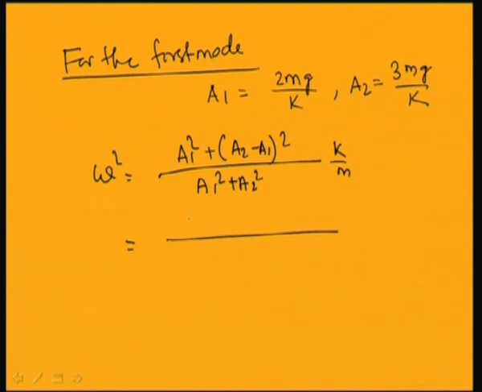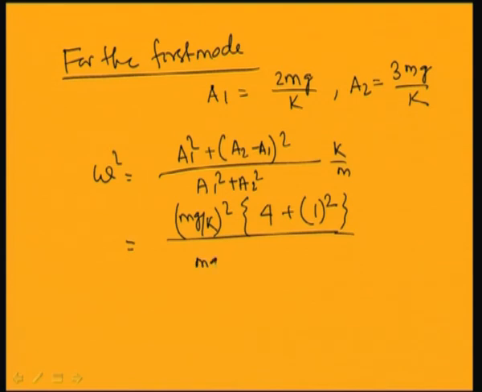Taking (mg by k) square common, it becomes 4 plus (a2 minus a1) square; a2 minus a1 is 3 minus 2, which is 1, so 1 square equals 1.